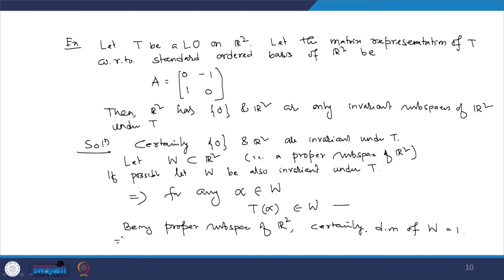So, this implies any non-zero vector beta belonging to W will act as a basis of W. So, this implies W equal to the linear span of beta.